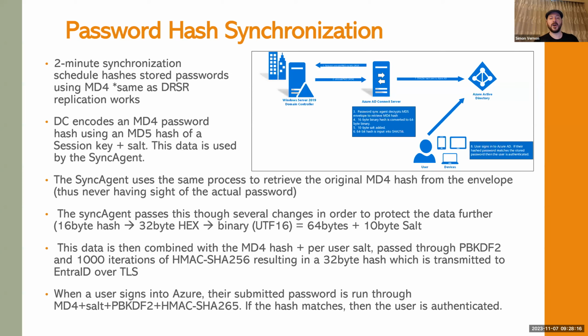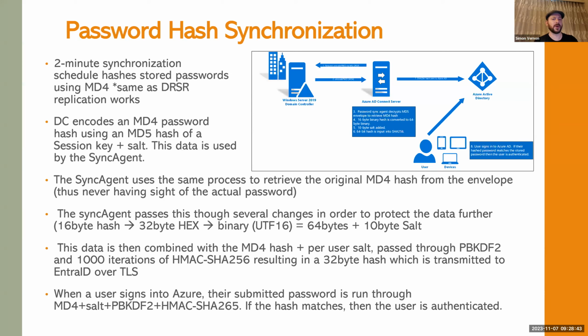But the synchronization data is encoded or encrypted in the same way. So what happens is the DC encodes the MD4 element of the password hash. It takes the password, hashes it into MD4, and then creates an MD5 hash, adds a session key and a salt, and that data is then shared to the Active Directory synchronization agent.